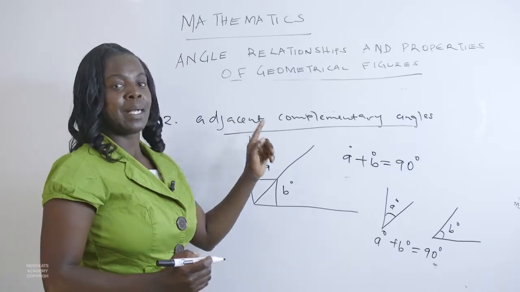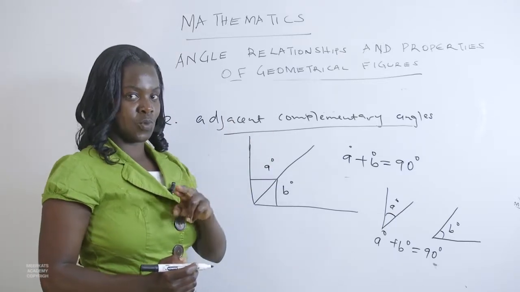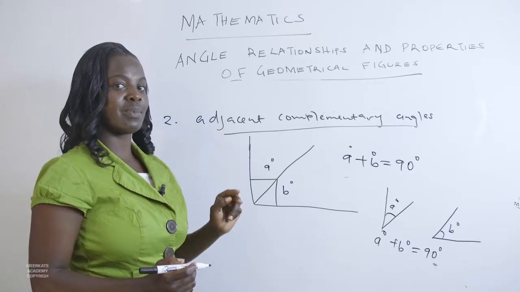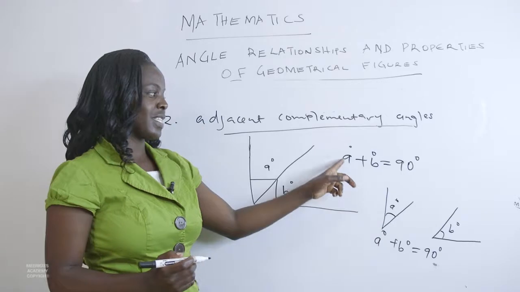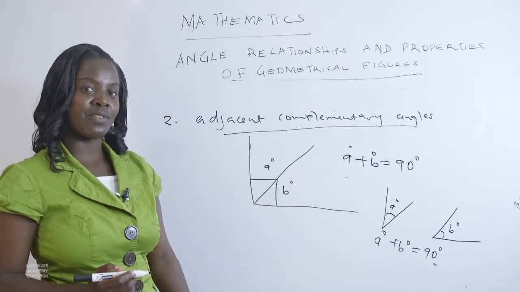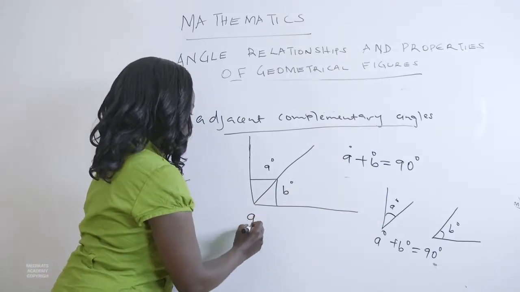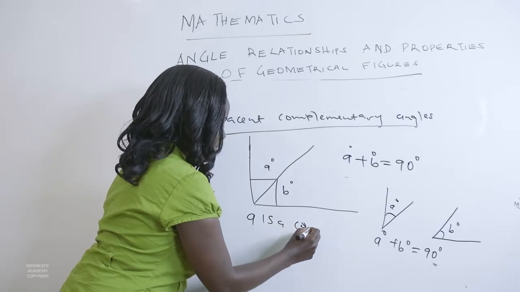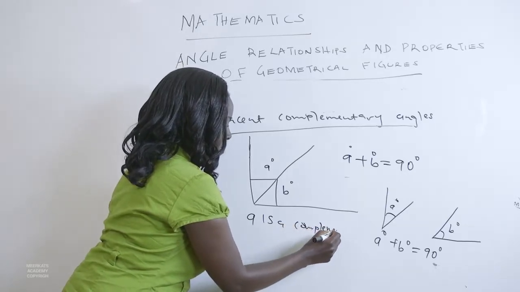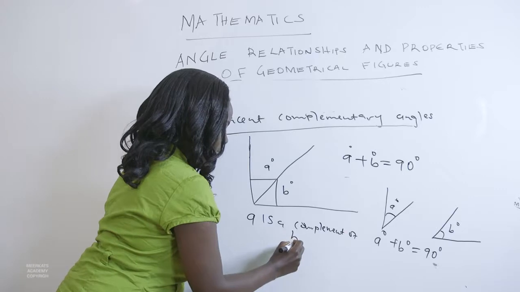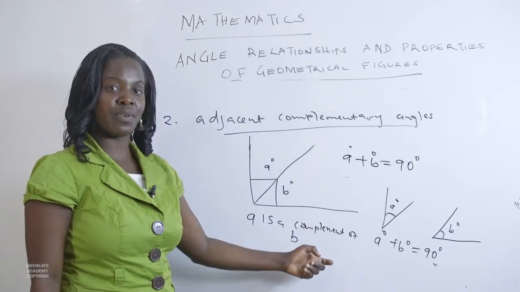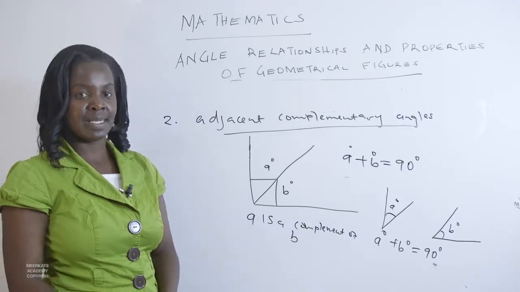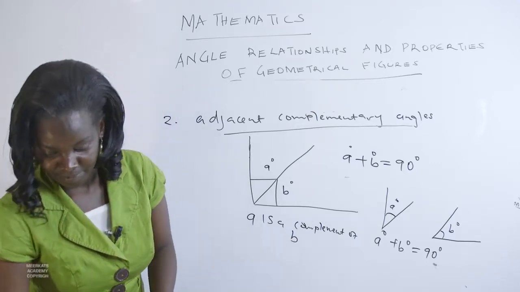So remember that complementary angles are only two angles which, when you add them together, give you 90 degrees. So we will say that A is a complement of B, because both of them add up to 90 degrees.